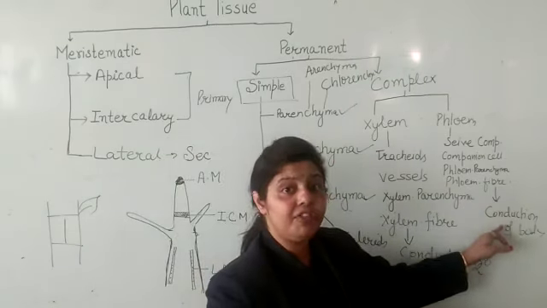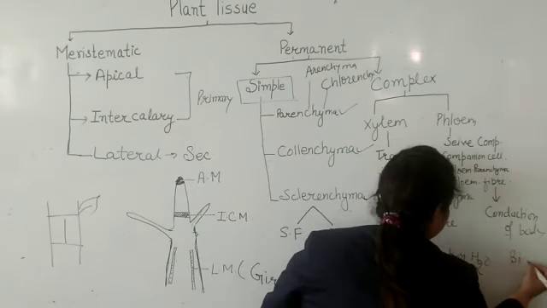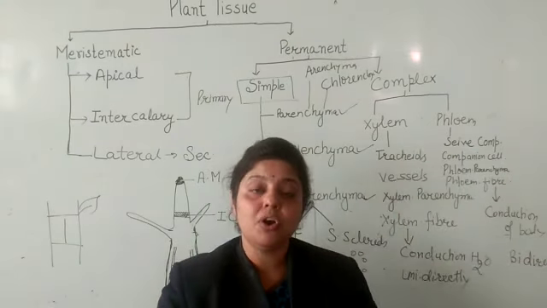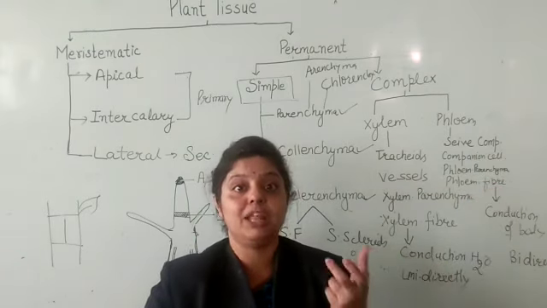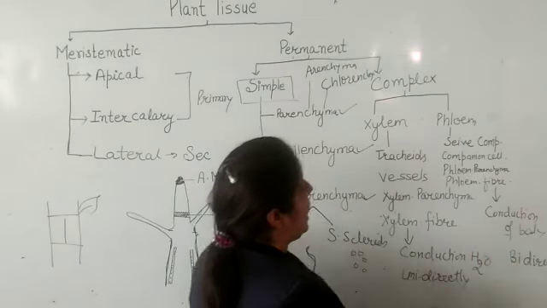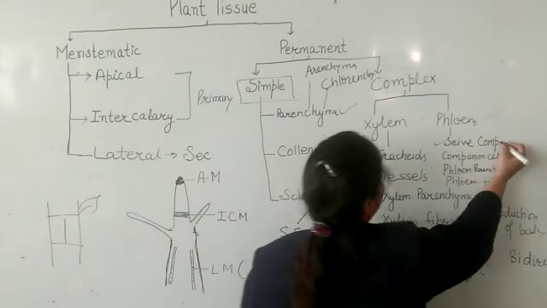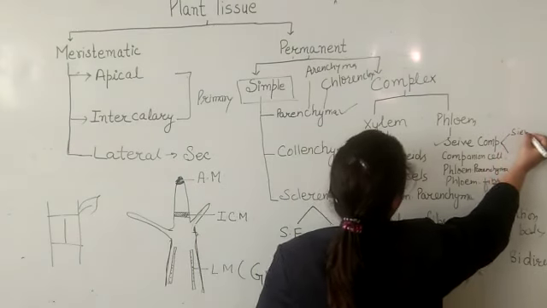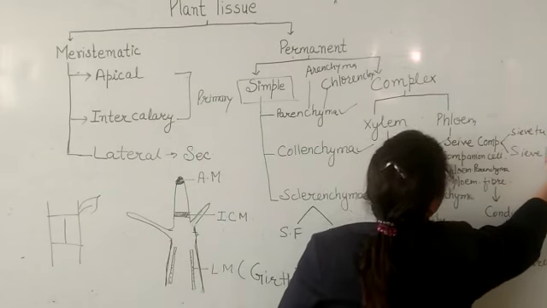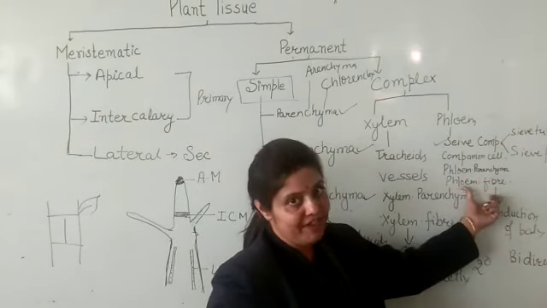Whereas the conduction of food through phloem is a bidirectional process, because food needs to be directed to the roots also, and it needs to reach the leaves as well as fruits. So the conduction of food is bidirectional, and the different components of phloem are sieve elements, which are further divided into sieve tubes and sieve plates, companion cells, phloem parenchyma and phloem fibers.